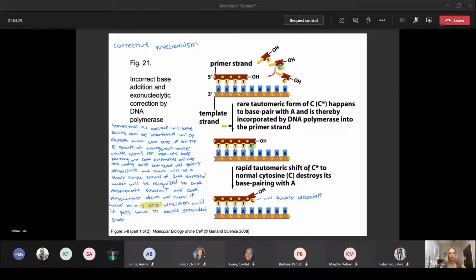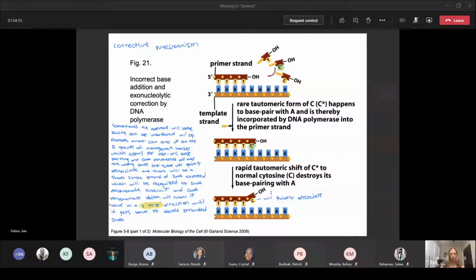So our DNA polymerase will recognize that short single strand that's exposed. And it's going to want to cut that out. Like, that's wrong, we can't have that, we need to cut that out. So if we know that DNA polymerase synthesizes from 5' to 3', and we know we're always adding new nucleotides to our free 3' hydroxyl, here we can see that that's our free 3' hydroxyl, right?